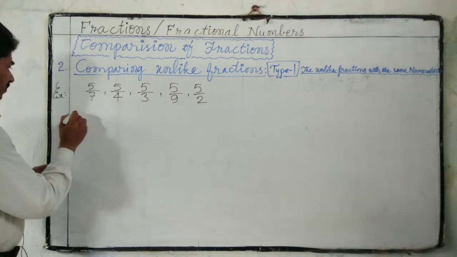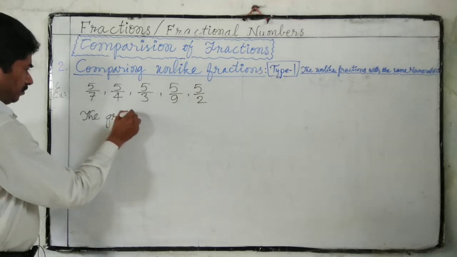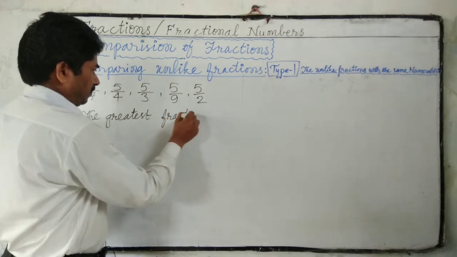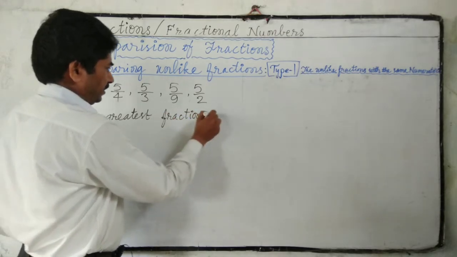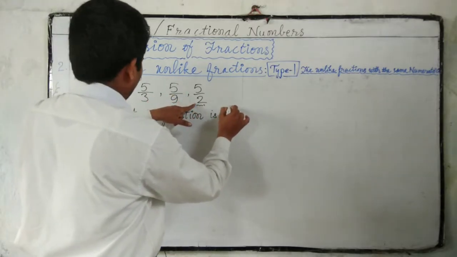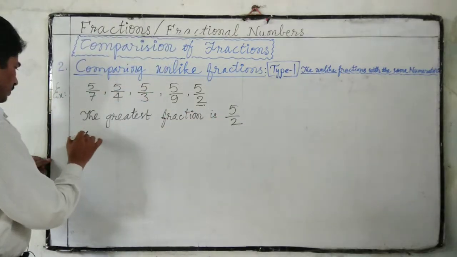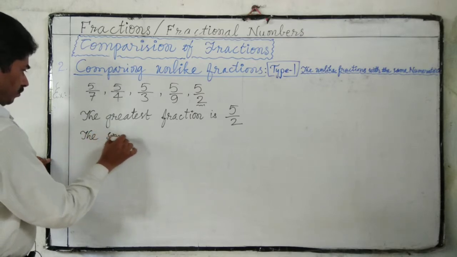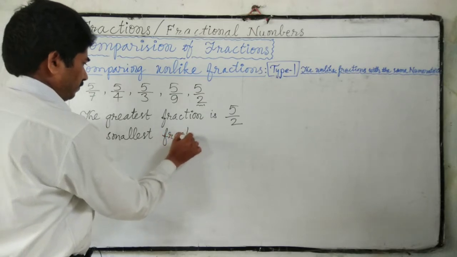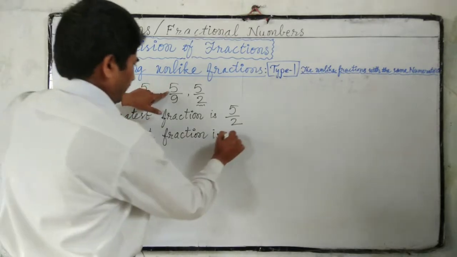So, therefore, the greatest fraction is 5 by 2. The smallest fraction is 5 by 9.